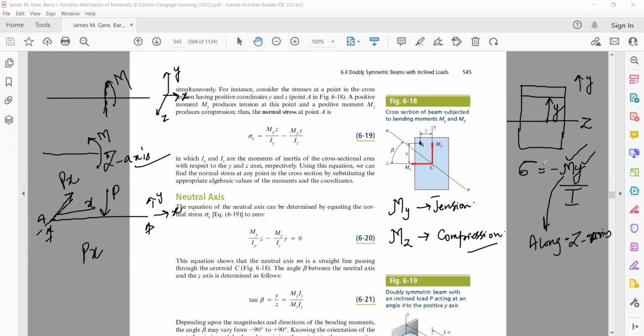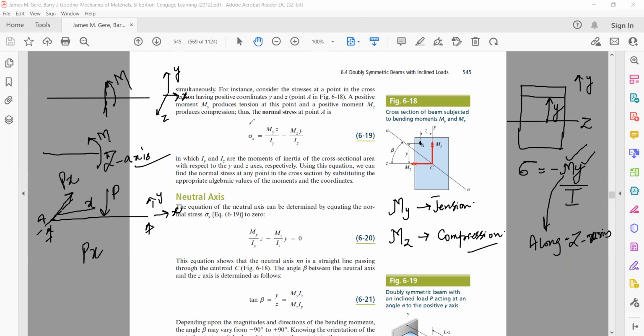So look into this expression of the flexural formula. We say stress is equal to minus My divided by I. Y is the distance from the neutral axis to the point where you have to find the stress, while the bending moment is along which axis? Z axis. Are you getting me or not? Now look into the expression.